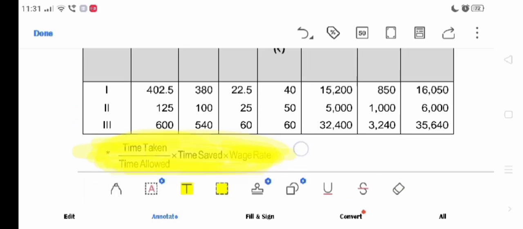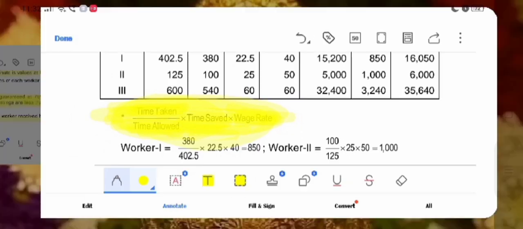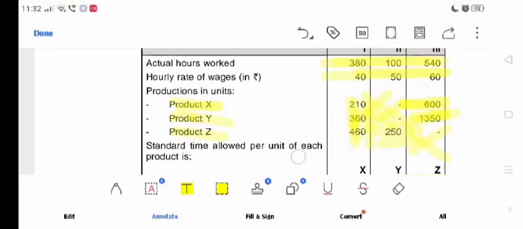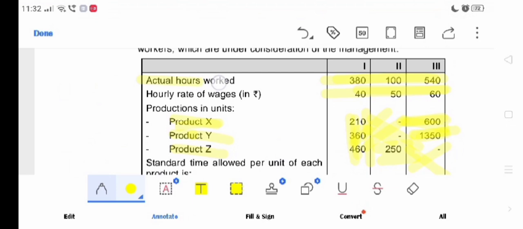Right? Now to get this we need to come up with time taken, the time allowed in hours, and how the time is saved, and for every worker how many hours are saved, we have to calculate, no? So for that purpose you have to look into this table, where actual hours worked are given as 380, 100 and 540.